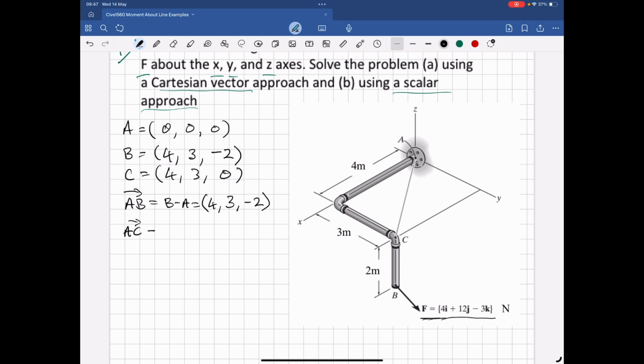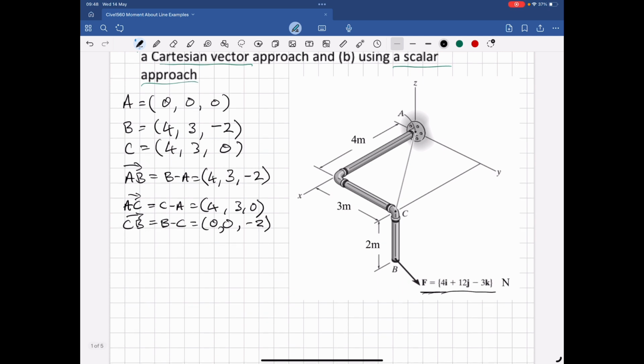AC is equal to C minus A, which will be similarly just the same as what we have C is up there, 4, 3, 0. We're going to need CB, I think. So that will just be B minus C, which will be 0, 0, -2.